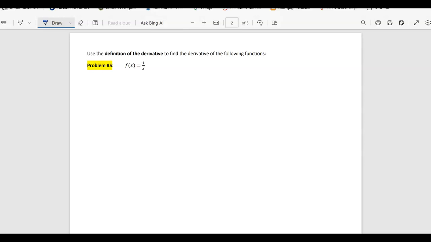So for this particular problem, the value of f prime of x is equal to the limit as h approaches 0 of the function f of x plus h minus f of x, divided by h. Let me fix this plus.